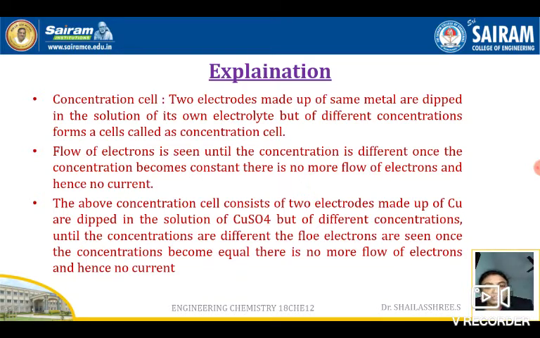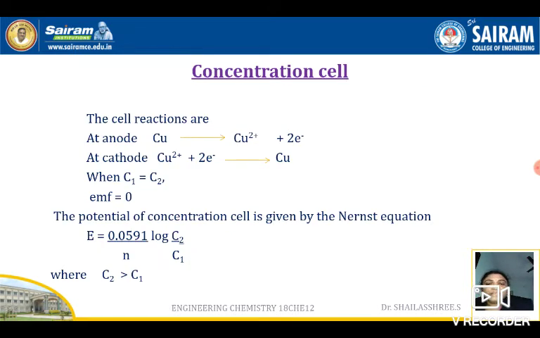The above concentration cell consists of the diagram we have seen now: two electrodes made up of copper dipped in copper sulfate solutions of different concentrations, 0.01 and 0.1. Coming to the cell reactions, at the anode we know oxidation takes place, so Cu gives Cu2+ plus 2 electrons.